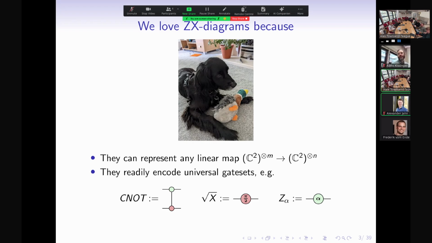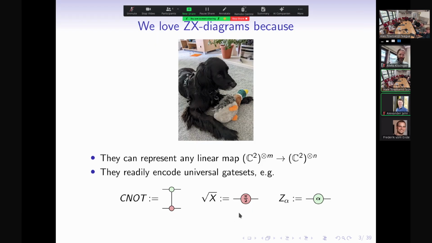For instance, Clifford plus phase circuits look really nice as ZX diagrams because the CNOT gate really looks quite like a CNOT gate. And I can encode a universal gate set. If I take this, you might know this as an HSH gate, so square root of X gate, and a Z alpha, then these three are of course universal for quantum computing.